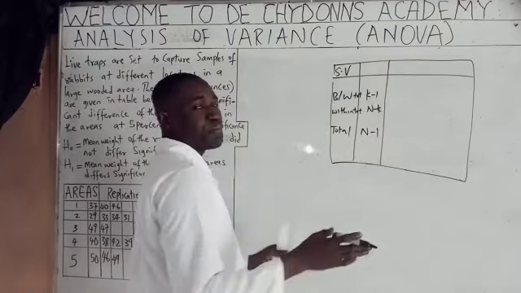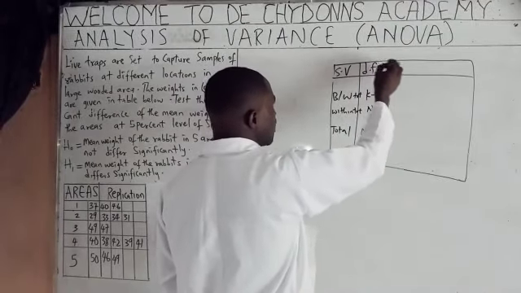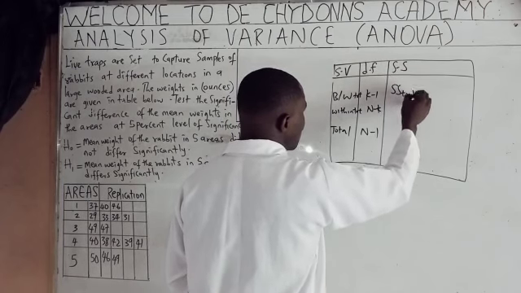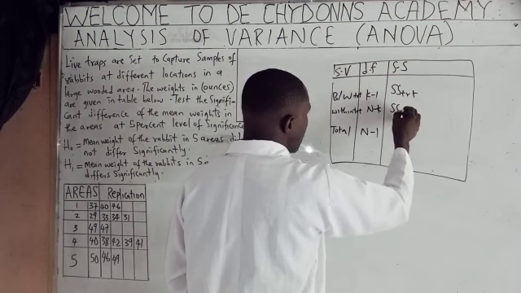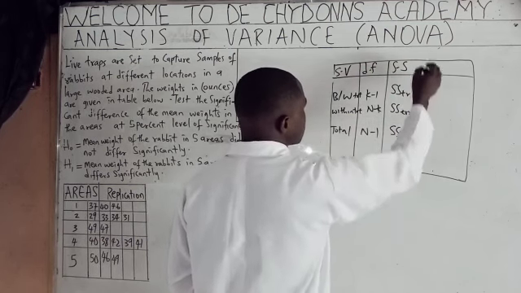We sketched this in the previous video. So, here degree of freedom, here sum of squares. Sum of squares for treatment, sum of squares for error. Then sum of squares for total.